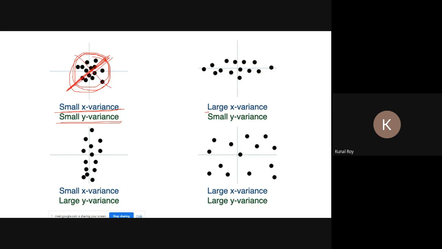If we have large x variance and small y variance, this is also taking me a lot of time to separate the data between the different classes. If we have small x variance and large y variance, so these are the 4 constraints behind separating into the classes.